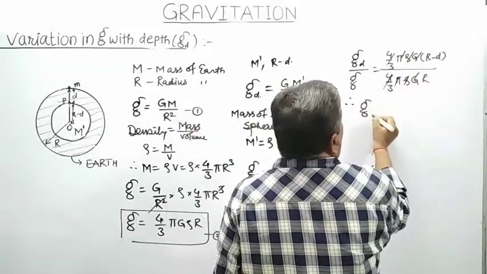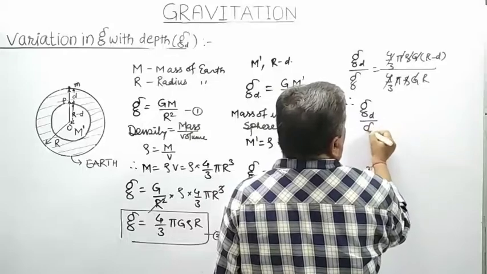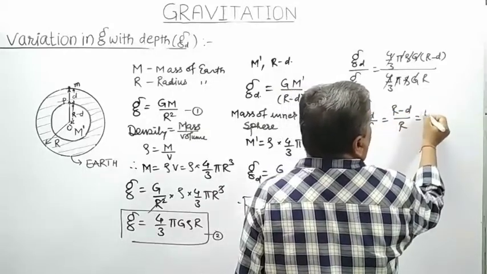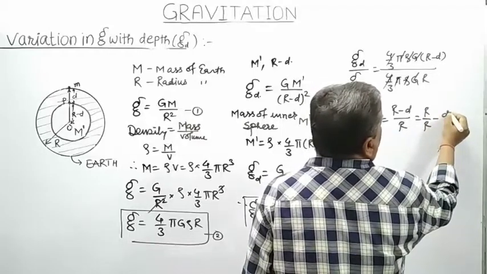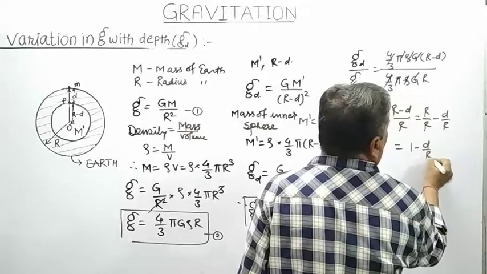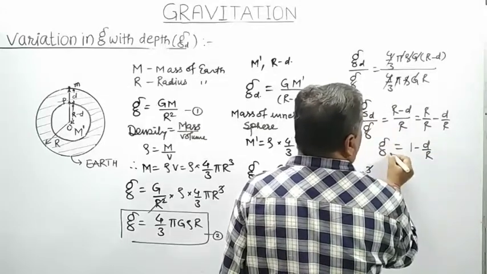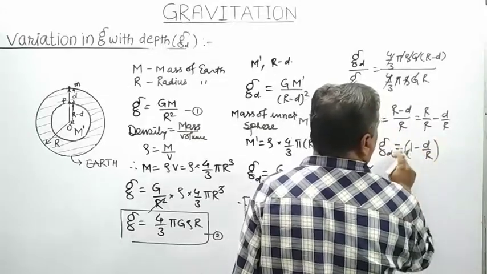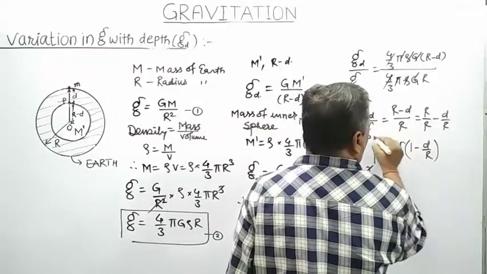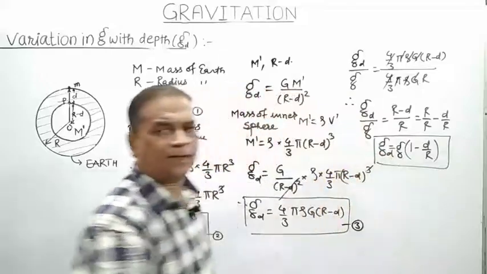Therefore gD upon g is equal to (R minus d) upon R. You can split it as R by R minus d by R, which is equal to 1 minus d by R. So gD is equal to 1 minus d by R into g. So gD is equal to g into (1 minus d divided by R).